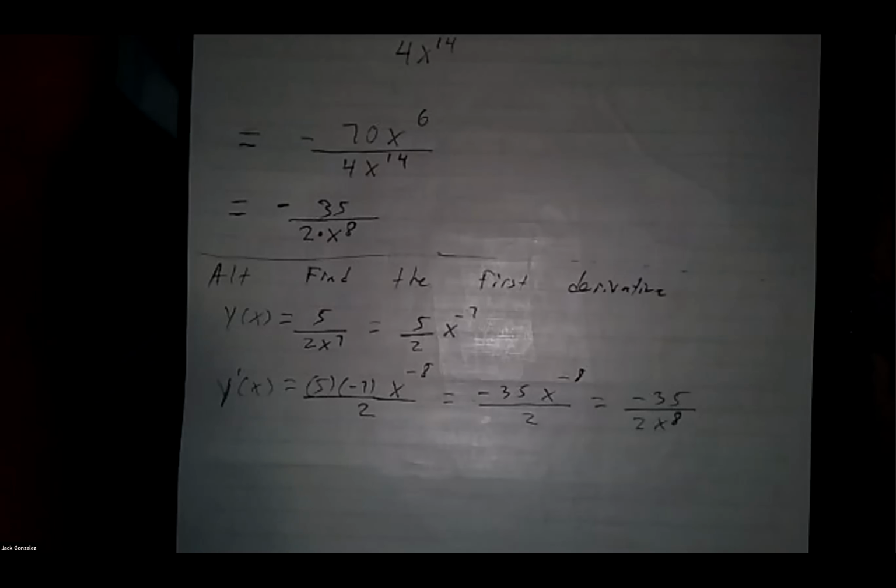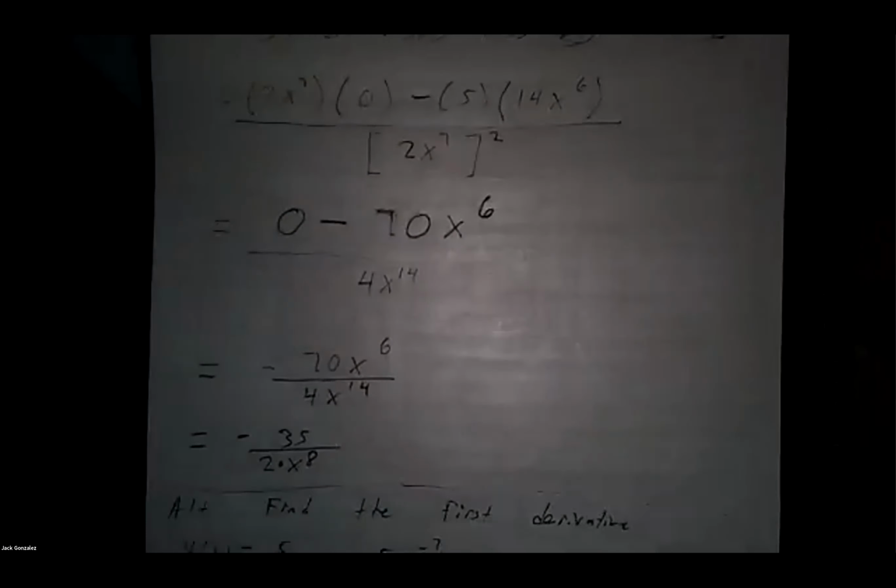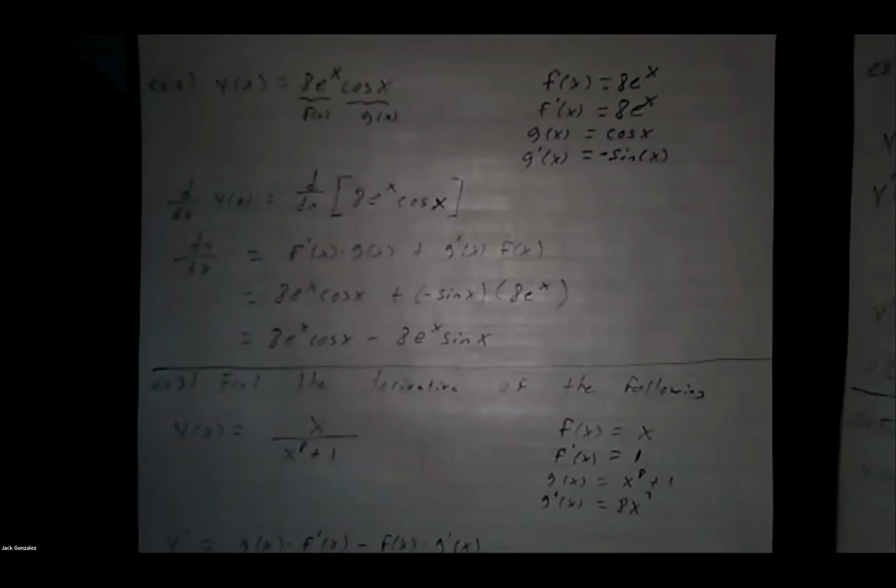Okay, so there's another idea in here we should go over at least once or twice. It's finding the second derivative. Towards the bottom, number 18. Example 6. What number is it? You said 18?